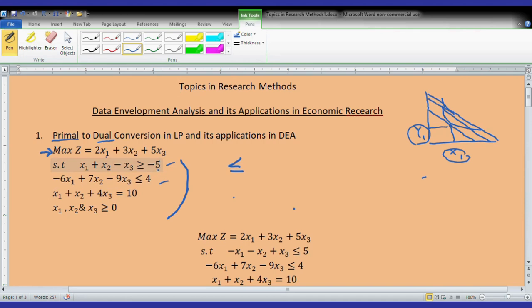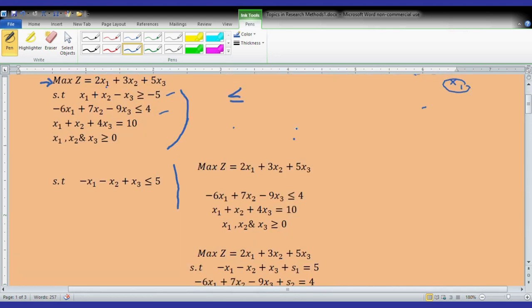And in order to solve this maximization problem, we need to have the inequalities in the form of equal to or less than. We can do that by multiplying this first constraint by minus 1, and this is what I have done here in this second set of equations, where I have put the objective function as it is.